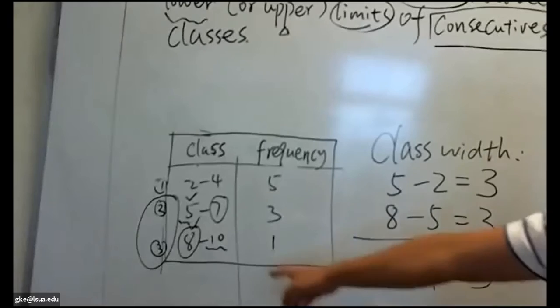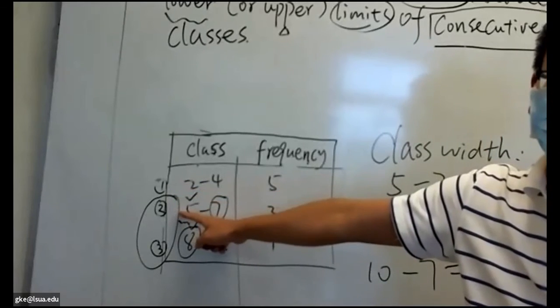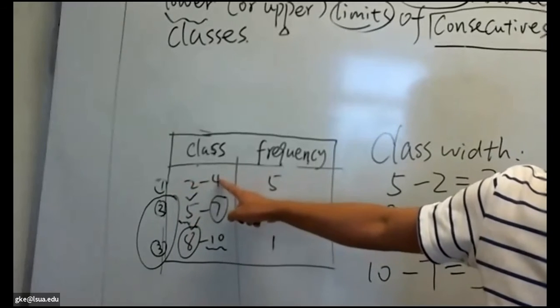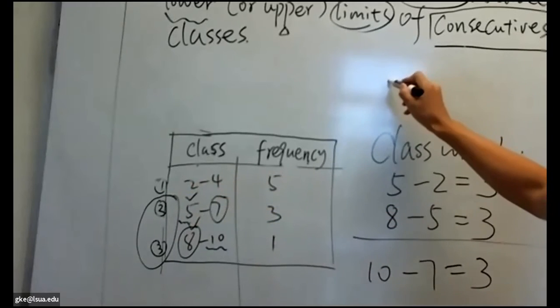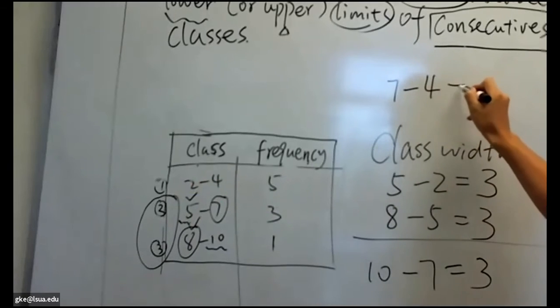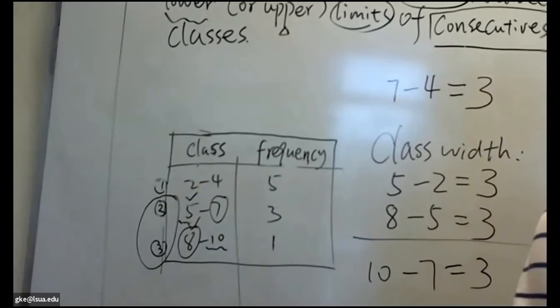If you check class 1 and class 2, the upper class limits are 4 and 7, right? So what you're going to do is 7 subtract 4 equals 3. That's it.